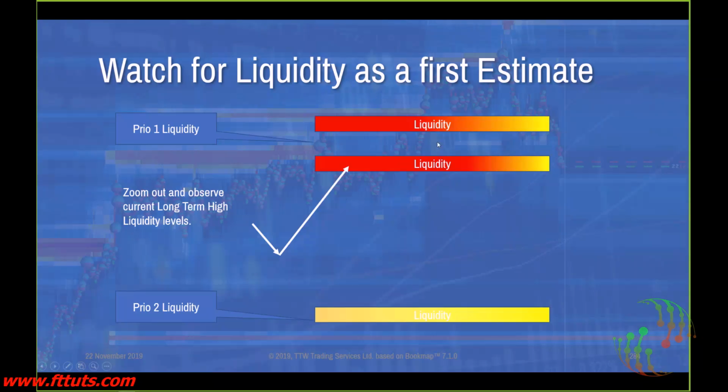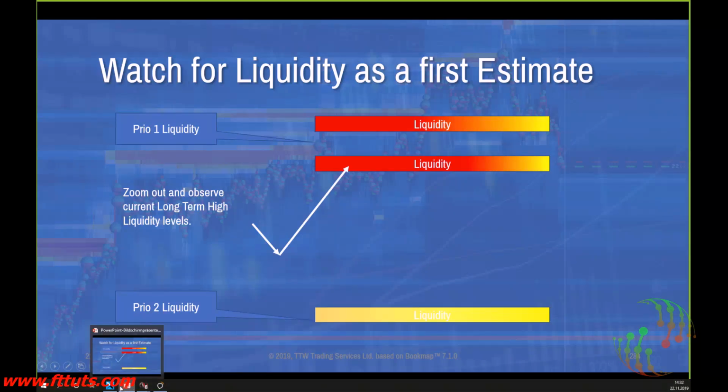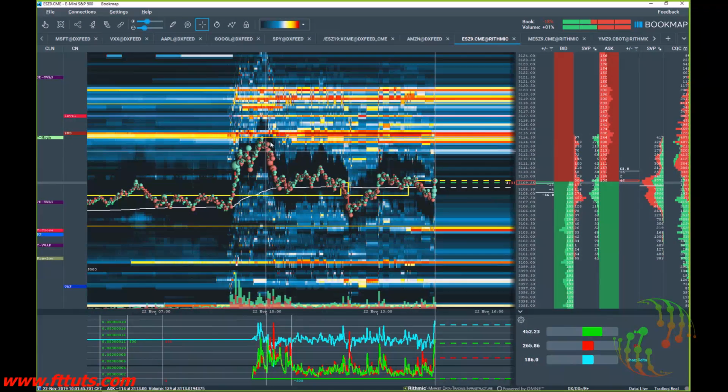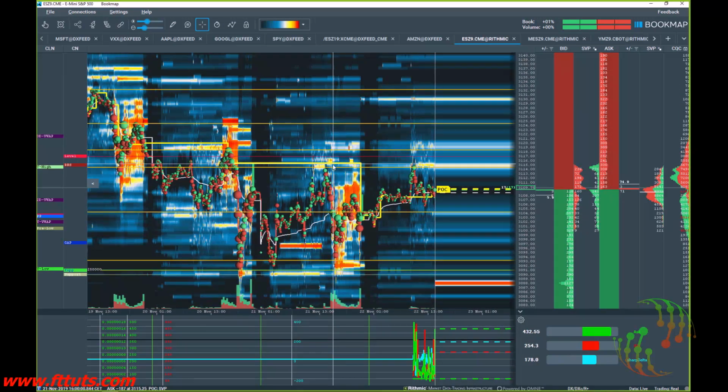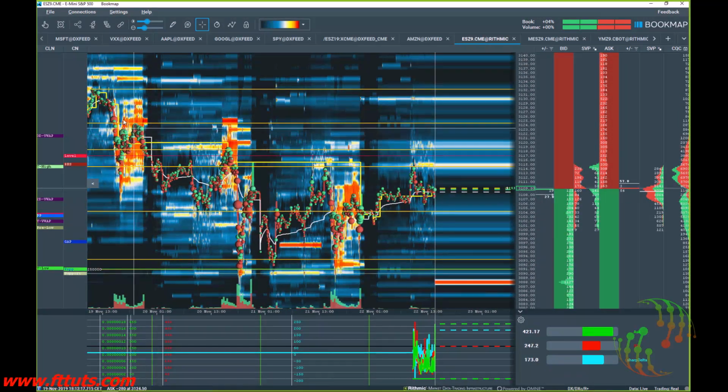What we talked about yesterday also, watch for liquidity as first estimate. That's what I mentioned before. When you draw your lines in, you zoom in as much as you can in your chart, then you will see the extremes of those moves here.